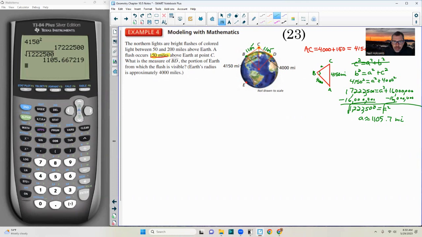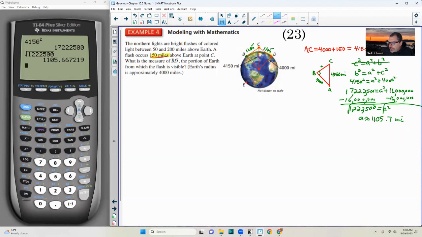And I have two radiuses, so now I have a leg and a hypotenuse. So I know triangle ABC is congruent to triangle ADC by the hypotenuse leg theorem, reflexive property, and then the radiuses are always equal. Okay, so these two triangles are congruent, and therefore CD equals BC. So now they're both 1105. That's where I got that.